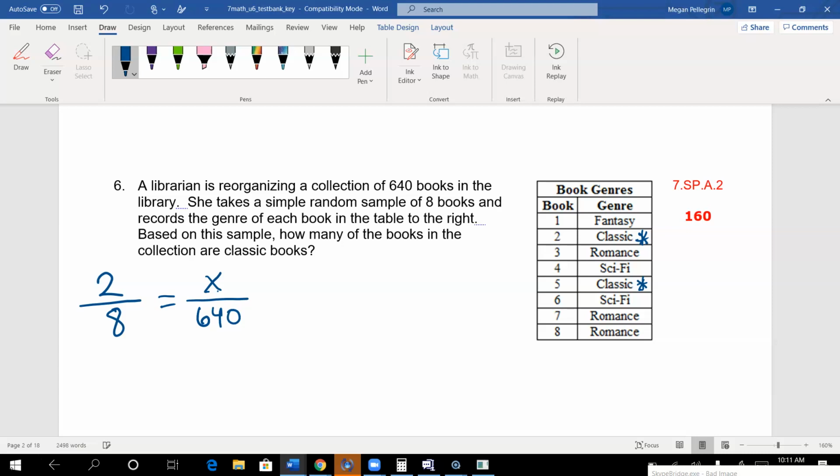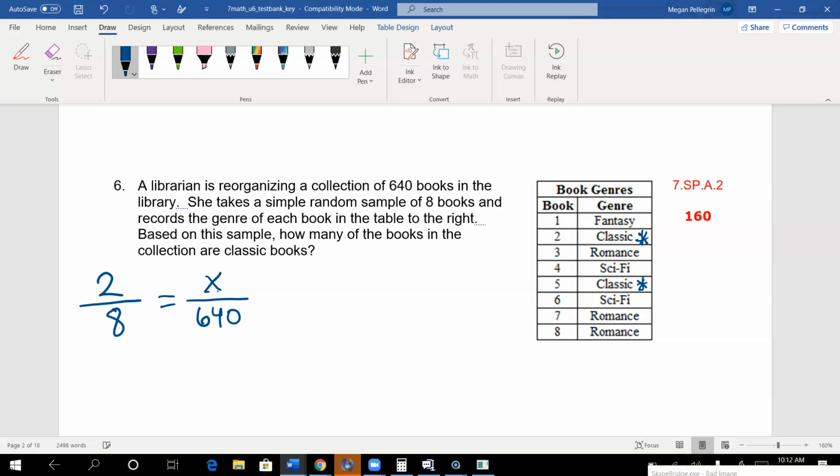So we're able to set up a proportion because the 2 out of 8 should be proportional or equal to how many out of the 640. That is how our samples work.